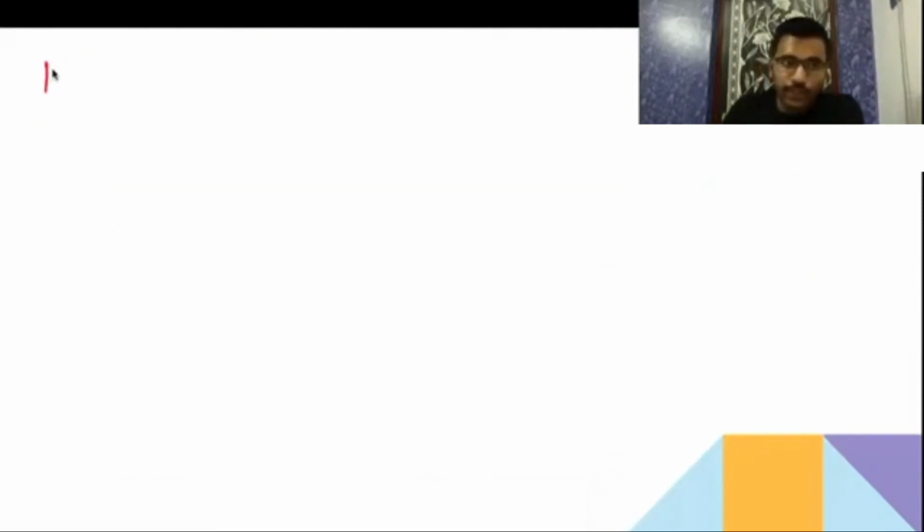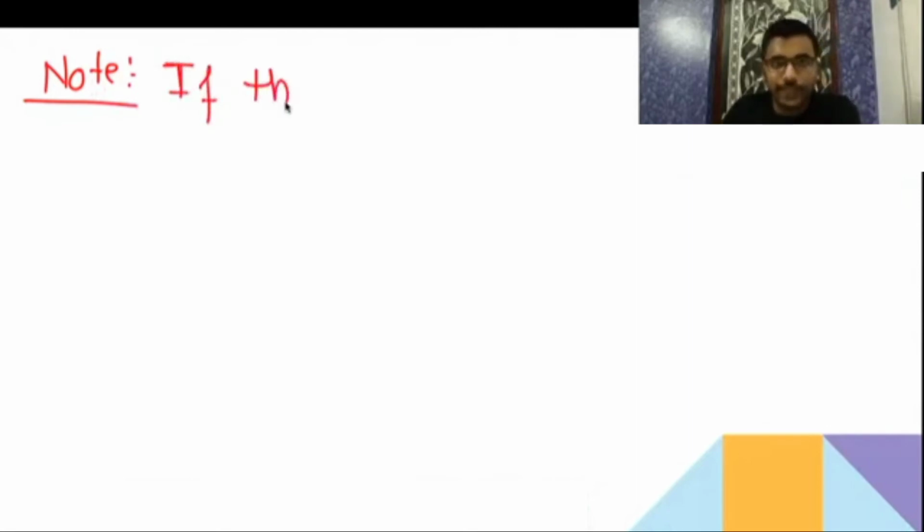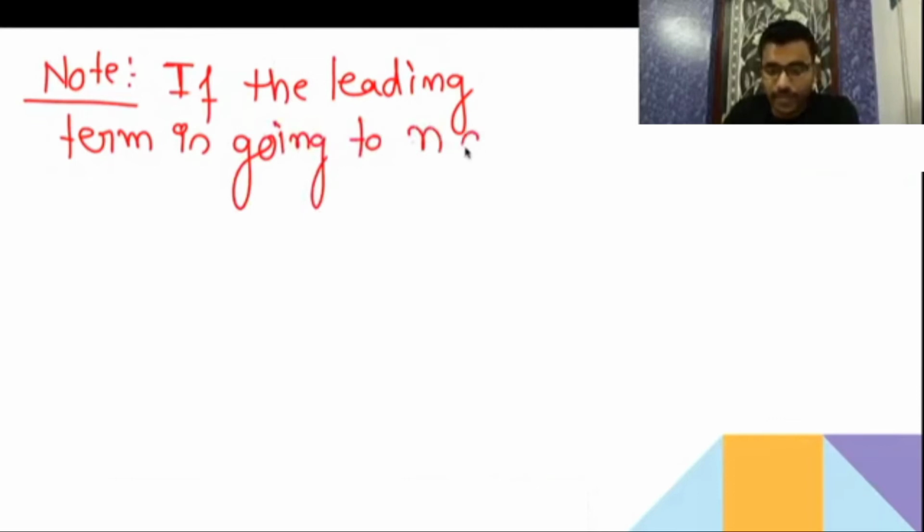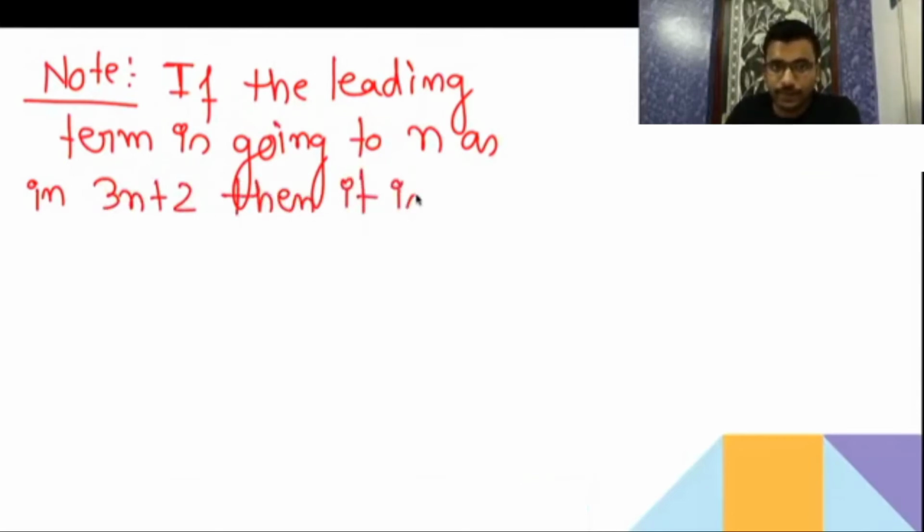So give a note, and this is the trick that you are going to use. Always it is going to satisfy if the leading term is n, as in 3n plus 2, then it is theta n.